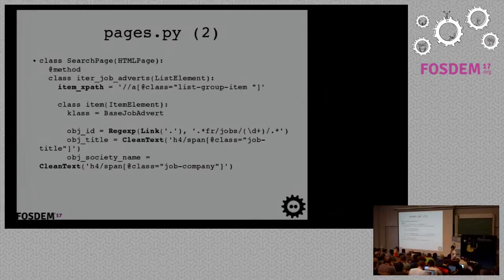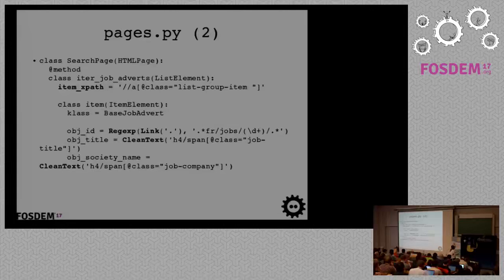So that's just to get the job advert. And for the search page, you also just iterate over the results and say, take the anchor tag which has this class.